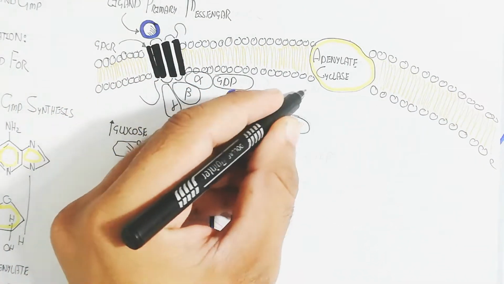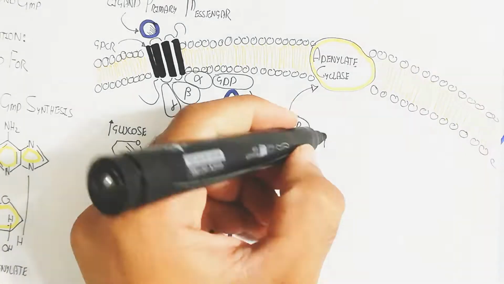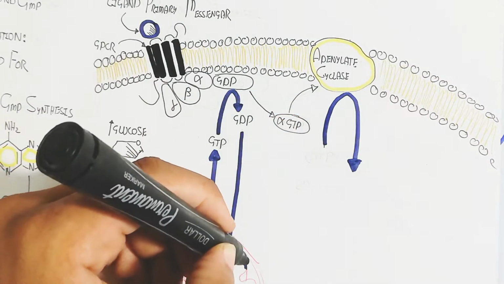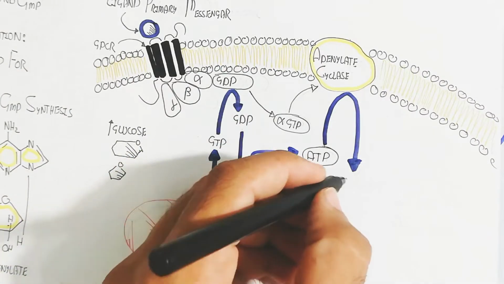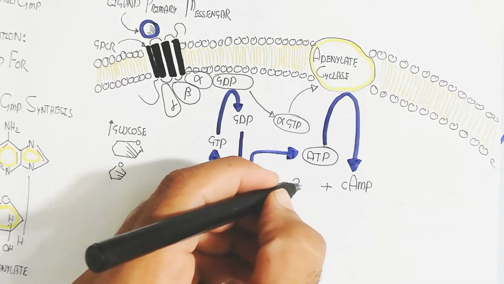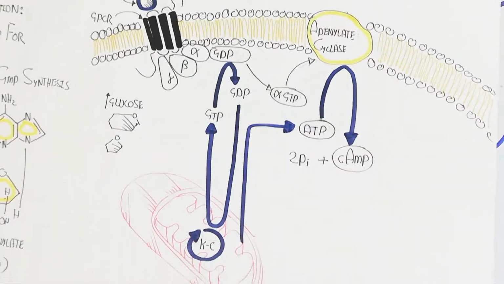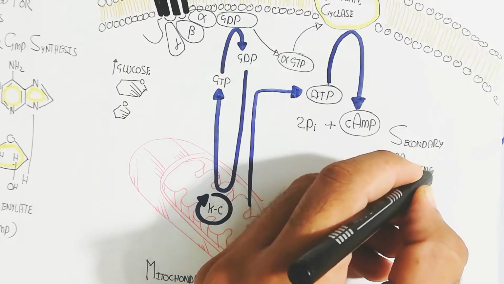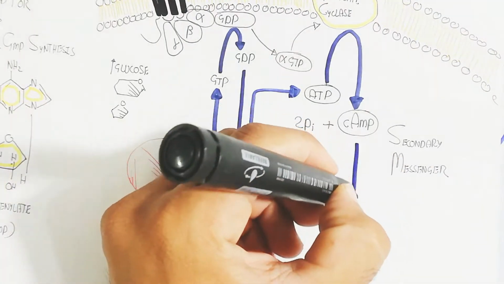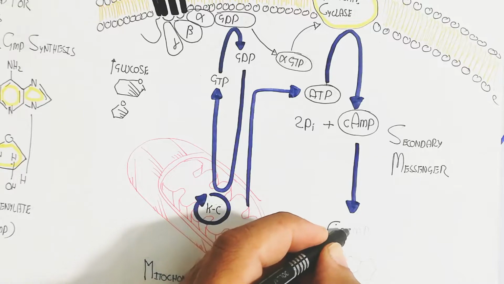This alpha GTP activates the adenylate cyclase enzyme. In the presence of adenylate cyclase, ATP is converted to cyclic AMP, and pyrophosphate, two inorganic phosphate groups, is released. Cyclic AMP becomes a secondary messenger and activates other proteins like protein kinase A by phosphorylation.